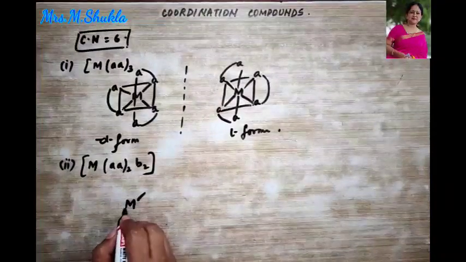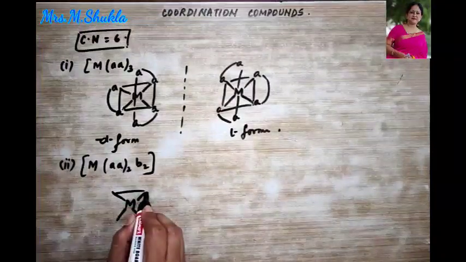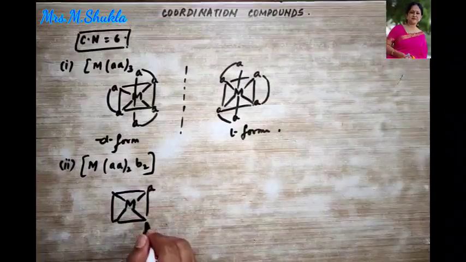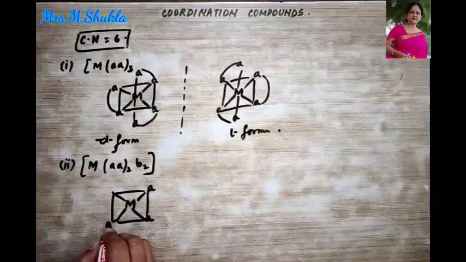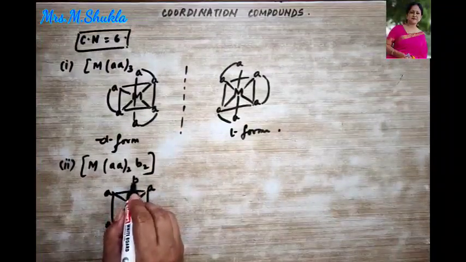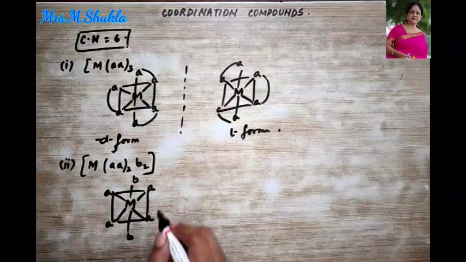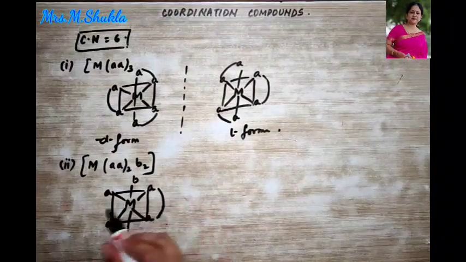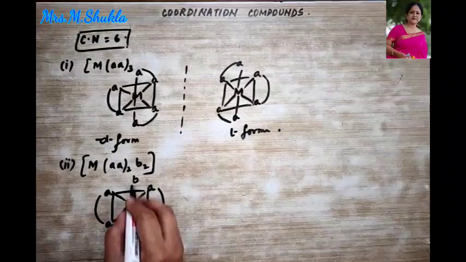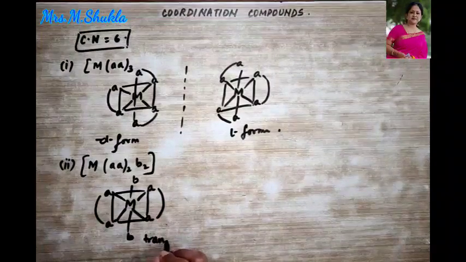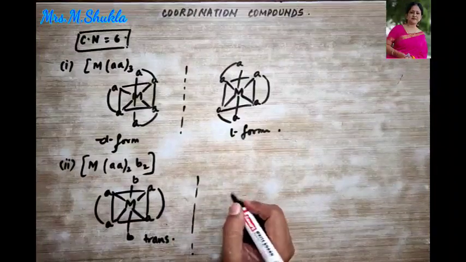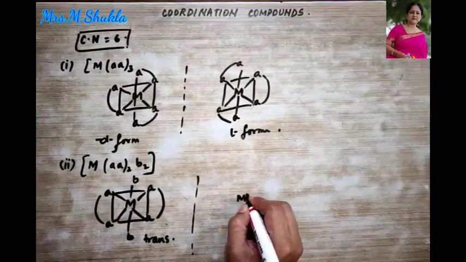M. This is A, B2, B and B. Okay. So if you observe, this is forming your trans because this is at 180 degree. Okay, optically active. What is it going to show us?